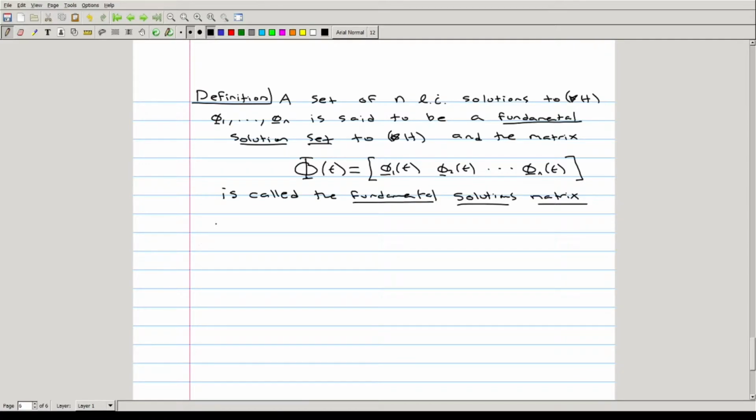It's important to note here that this is a very neat idea, because if you take the derivative of this matrix function of t, it's the same thing as the derivative of all of the columns of this matrix.